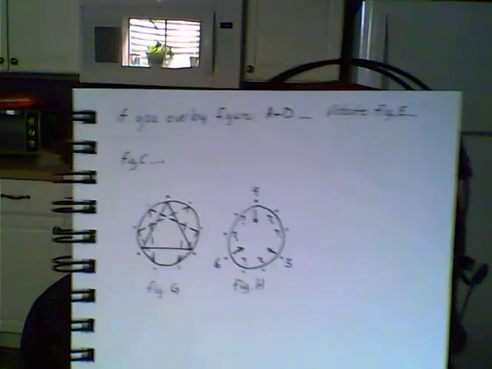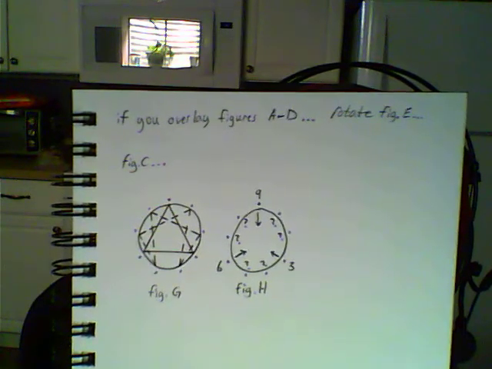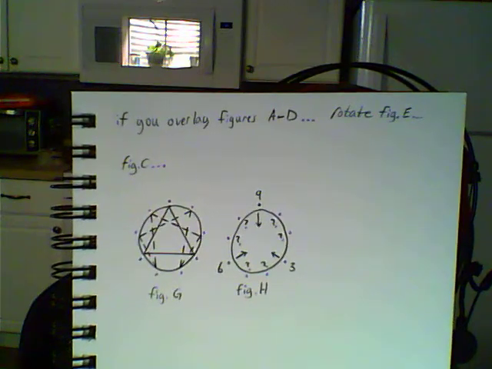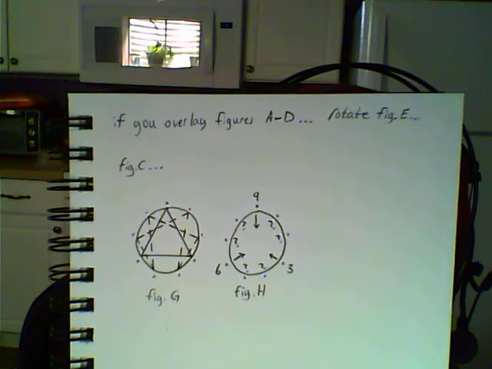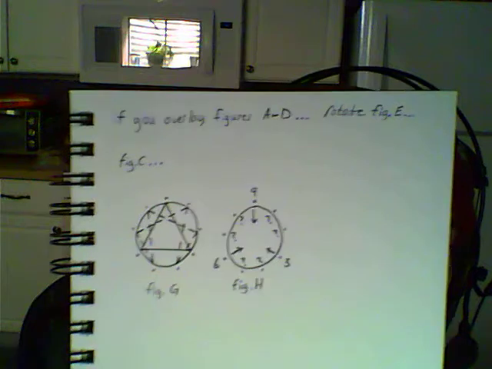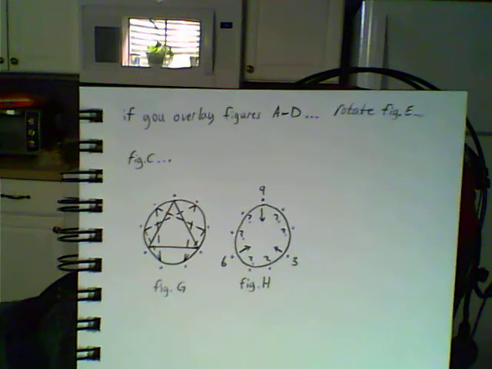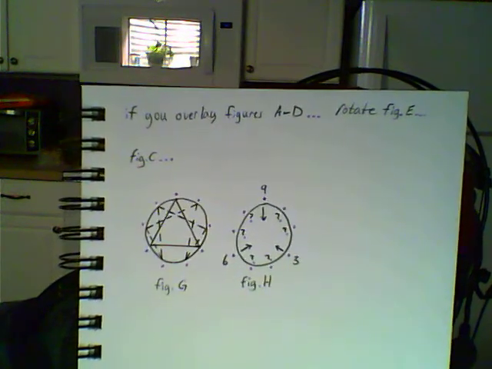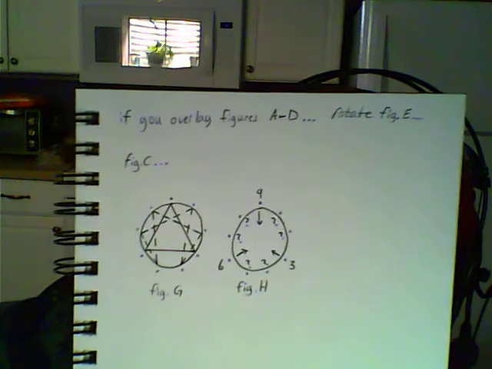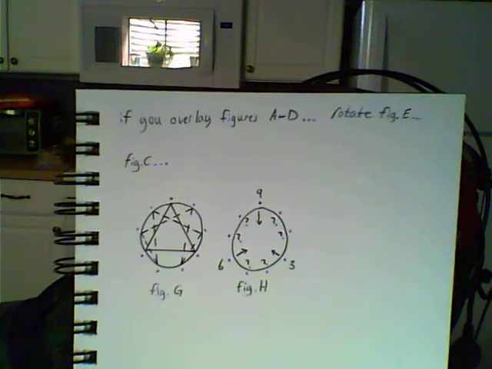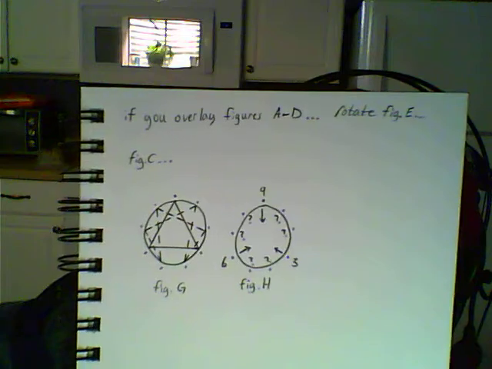And you'll see here, figure G shows all of the existent triads except for the object relations triads. They all originate from 9, 6, and 3.